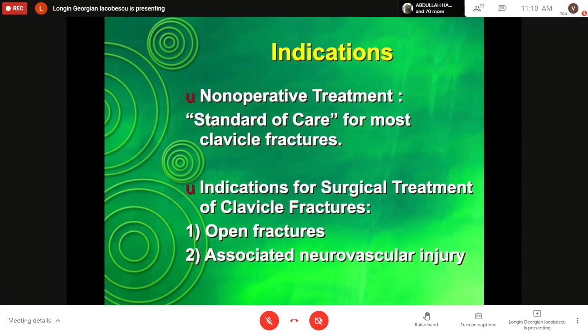The indications for surgical treatment in the case of clavicle fractures are open fractures or usually associated neurovascular injury. There are more indications for surgical treatment, but I just pinpointed, let's say, the most important. I don't want to overwhelm you with more indications. But in general lines, these are the two main indications.